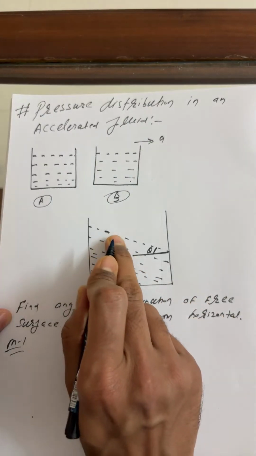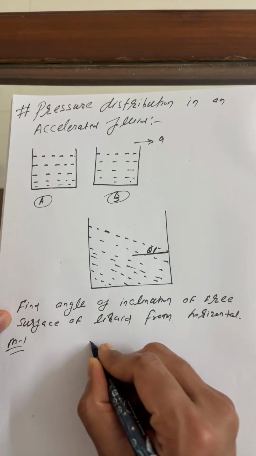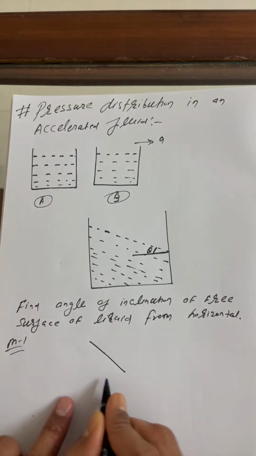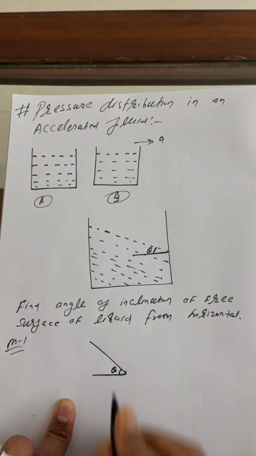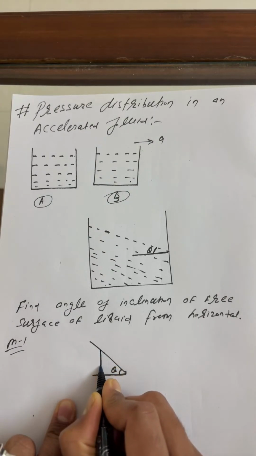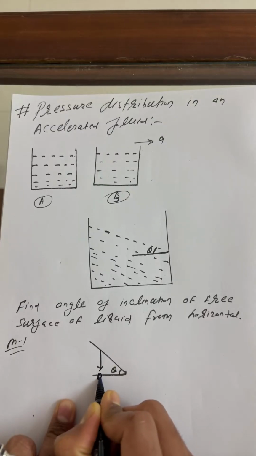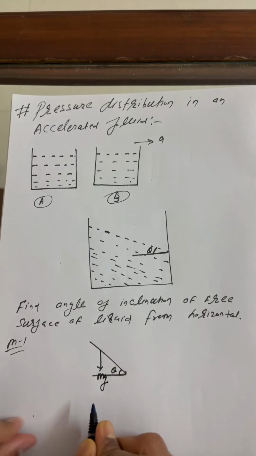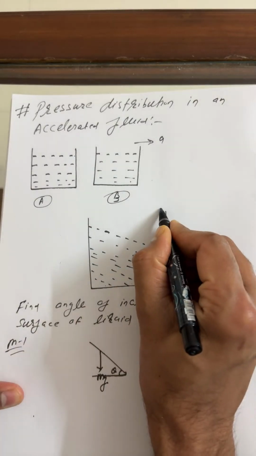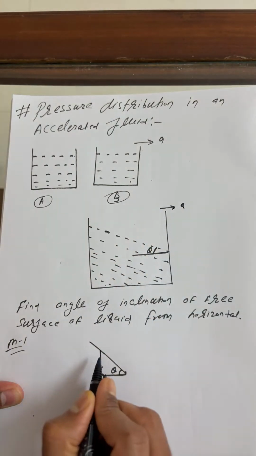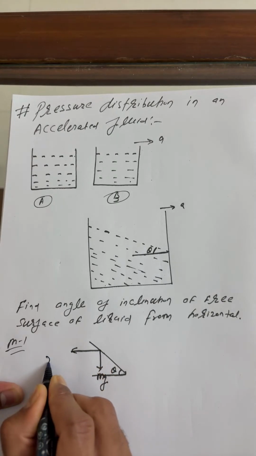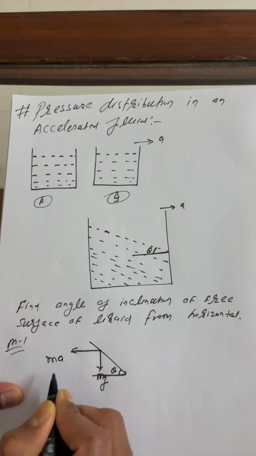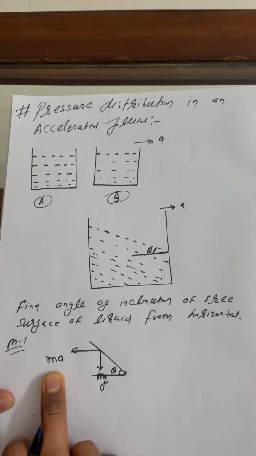I'll make a small element over here. This angle is theta. M is mass, so the weight is mg. The container moves in this direction, so you take a pseudo force, and pseudo force always acts opposite to the direction of motion of the container.